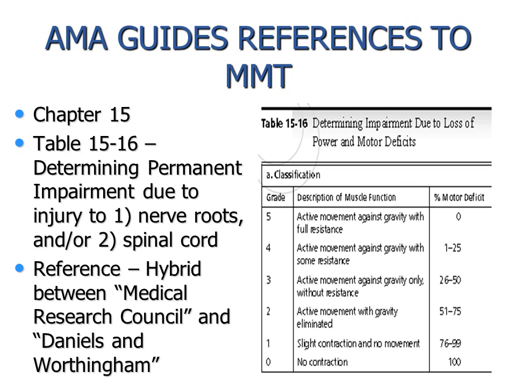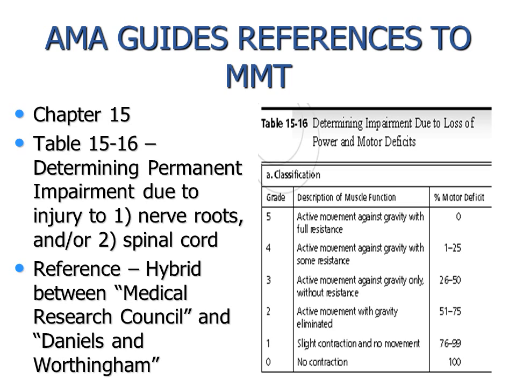In Chapter 15, we suffer losses of power and motor deficits when we have injury to either spinal nerve roots and/or the spinal cord. Chapter 15 is all about the spine, so we're talking here about injury to the spinal cord and/or spinal nerve roots that then results in a loss of motor power and motor deficits.